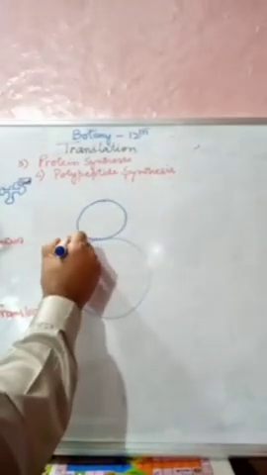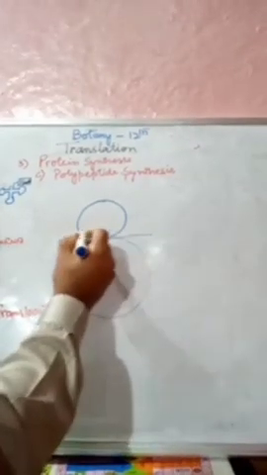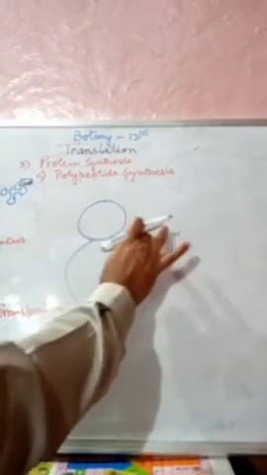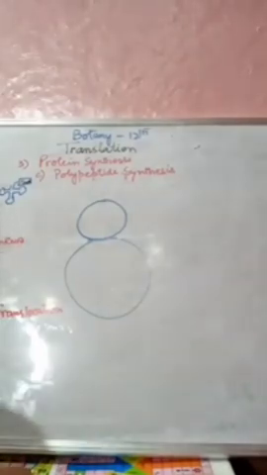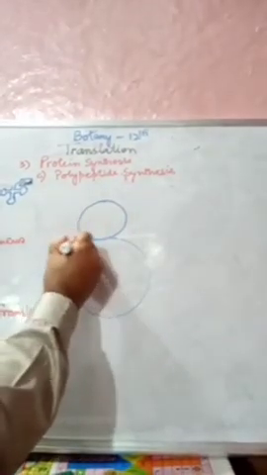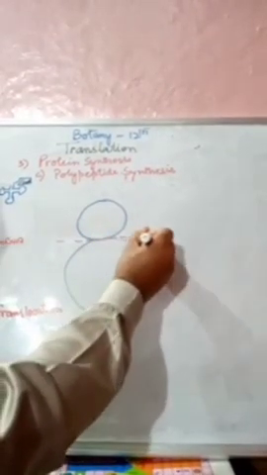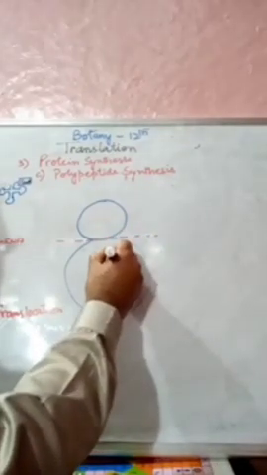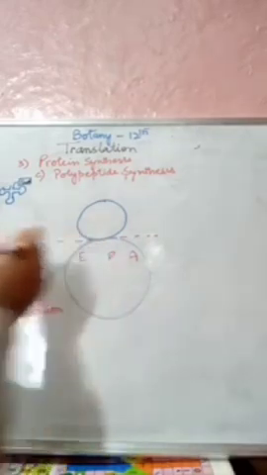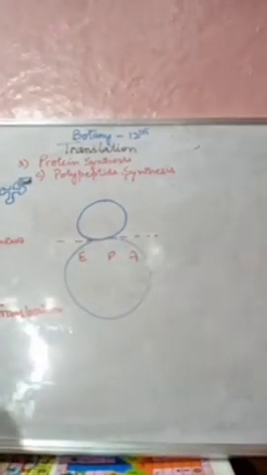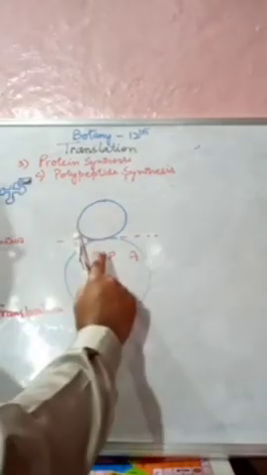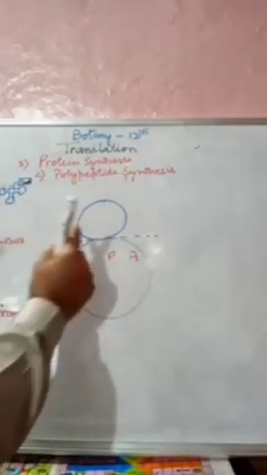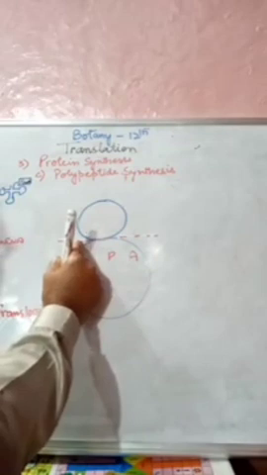Now this is the mRNA, like this. What are the codes? This is code A, this is B, and this is E. Now what we will see is that the code which was first here has now come here, at this exit.